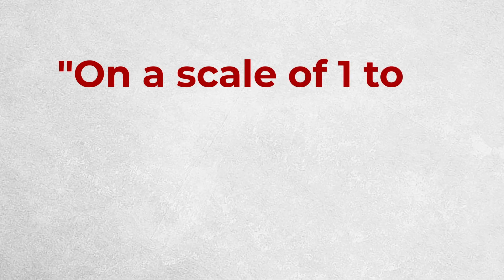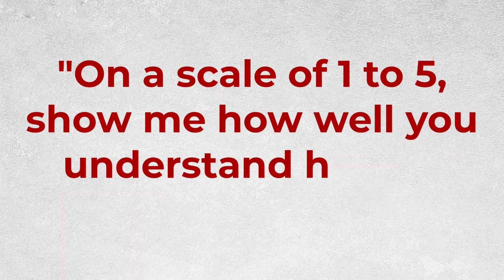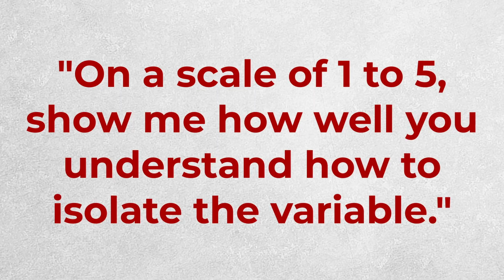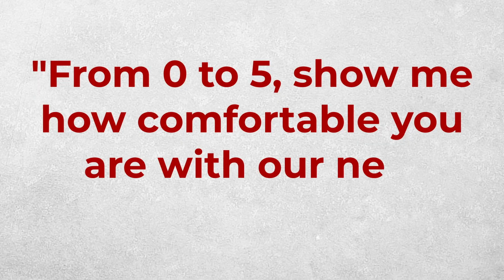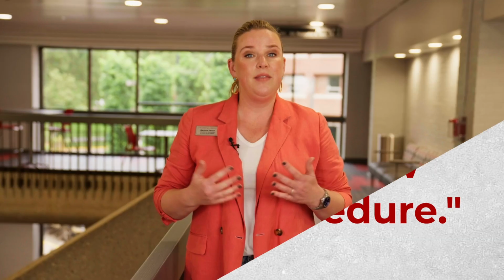For example, you could ask, on a scale of 1 to 5, show me how well you understand how to isolate the variable. Or, from 0 to 5, show me how comfortable you are with our new warm-up procedure. This strategy engages students and provides valuable information for teachers.